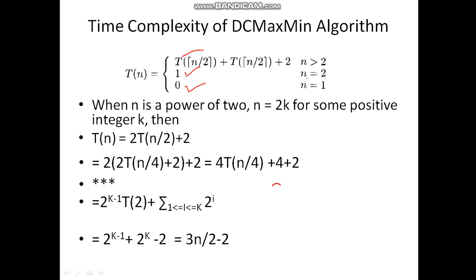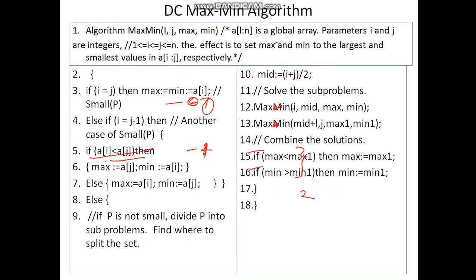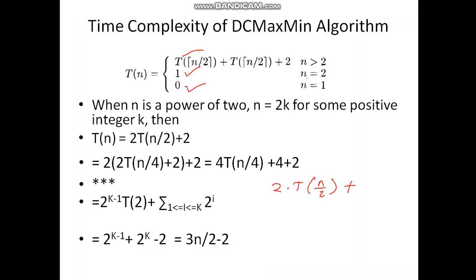So it is 2 into t of n by 2 plus 2, where these two comparisons are calculated over here. First we divide into two halves, we get the result, and we do these two comparisons. So this all is considered.